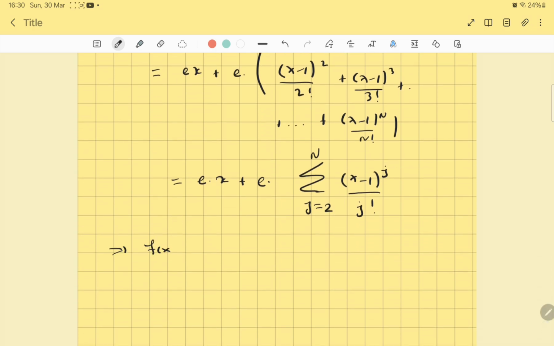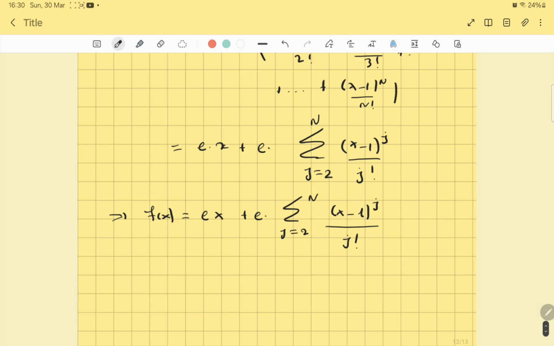So my function f of x equals e times x plus e times the sum from j equals 2 to n of x minus 1 to the power of j over j factorial. That's the truncated form, or I can write f of x equals e times x plus e times the sum from j equals 2 to infinity of x minus 1 to the power of j over j factorial.